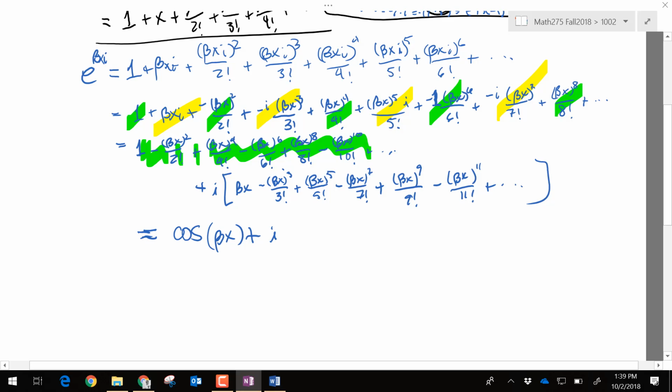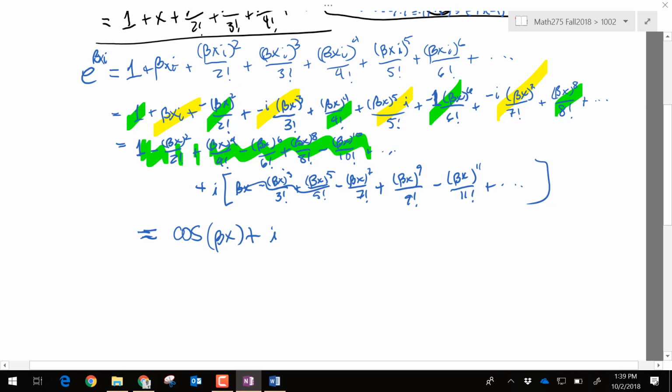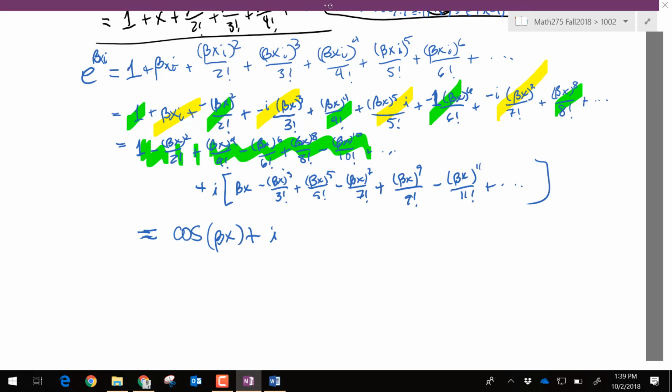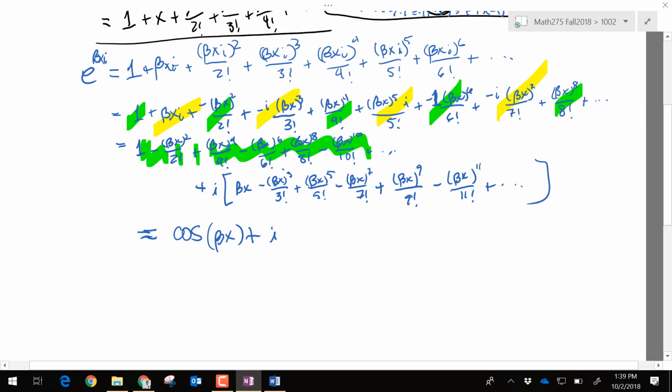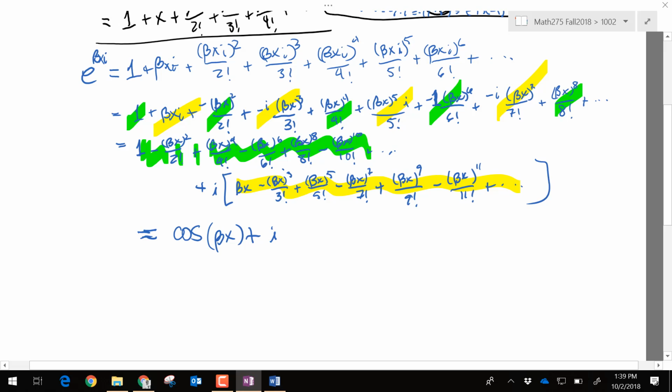And then you can convince yourselves that this is a sine function. Whenever you stop, it's an approximation, but the dot, dot, dot tells you to go forever, and then that's the exact value of the sine and the cosine.